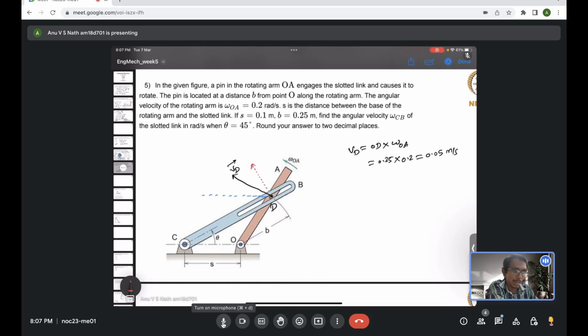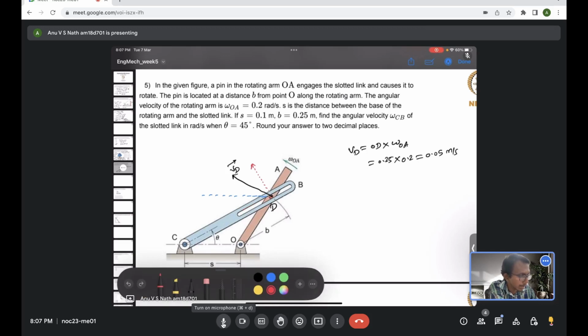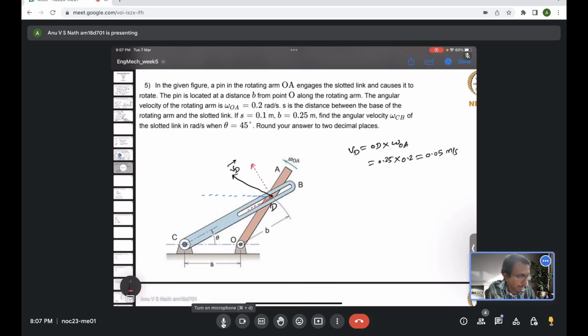This is one of the components of the velocity, the rotary component. The other is a sliding component, which should be along the slot, this way.